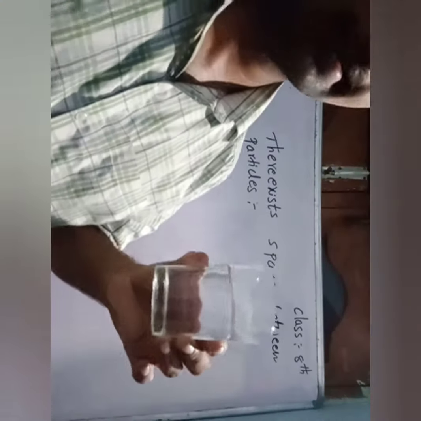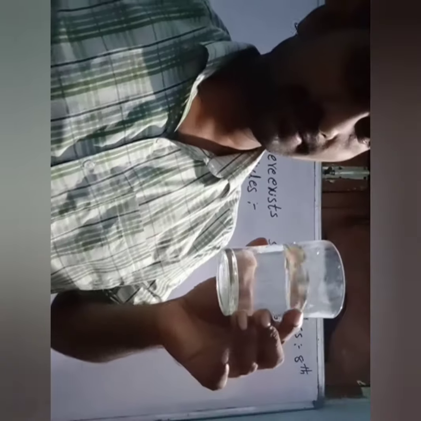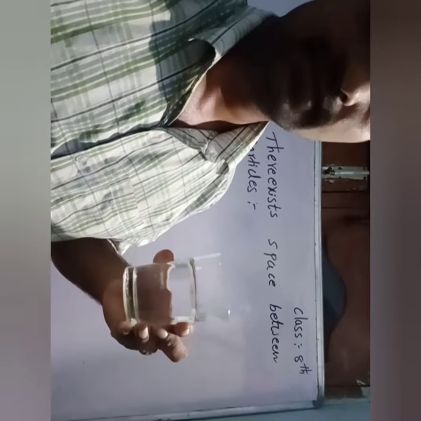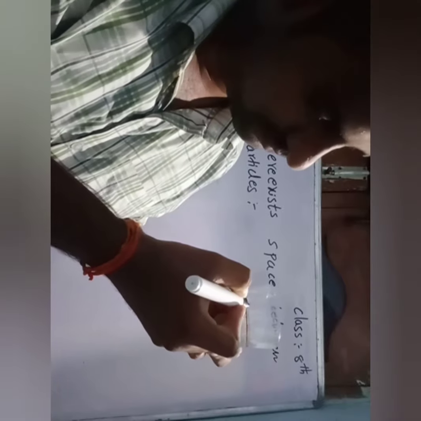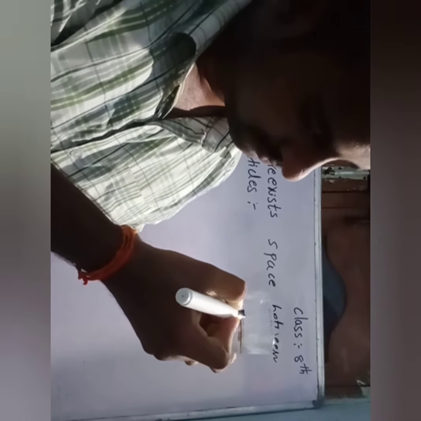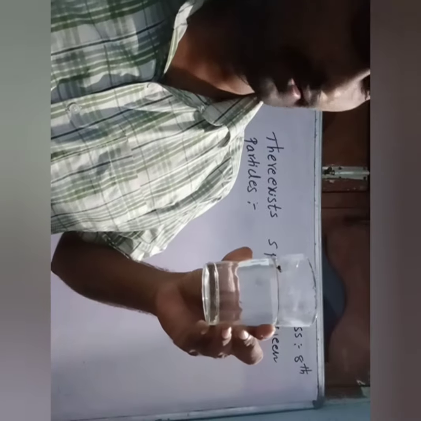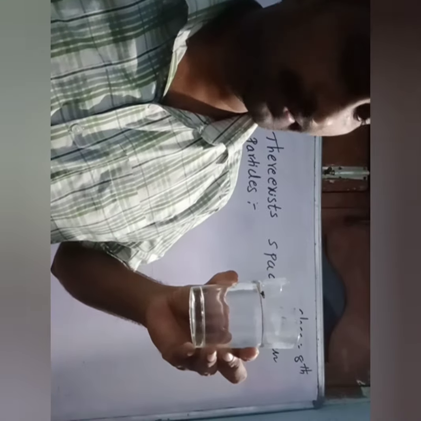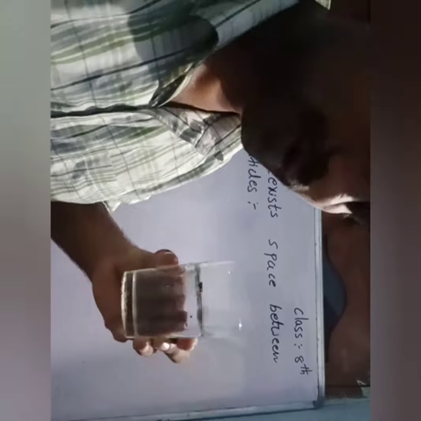So take water, one glass of water. For example, here the volume of the water. So this is the level of water or volume of the water. Clear? Now I am adding salt. I am adding 2 or 3 spoons of salt.